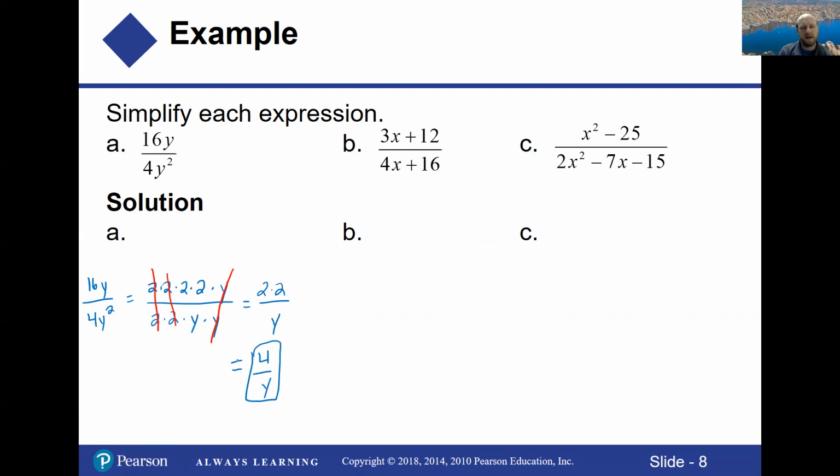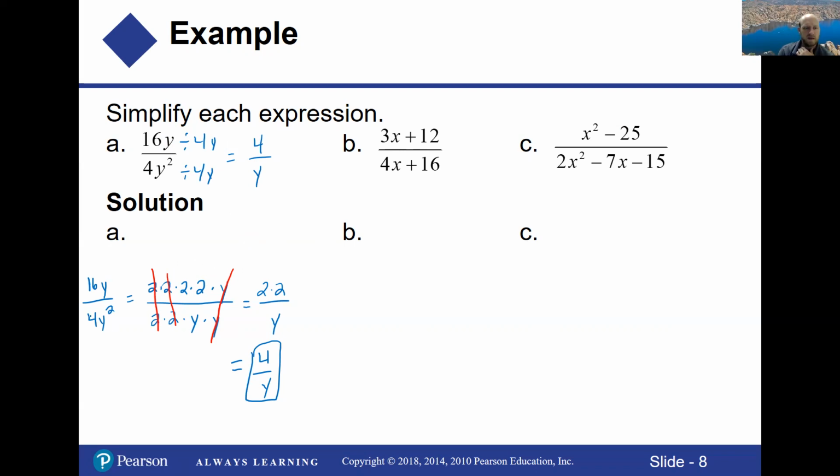And that's simplified. Again, you could find the GCF. You could recognize that it's 4y, since those both have a 4 and a y, and you could divide it. That's the other method, and you would still get the same answer. I just think this is a little bit easier when we're writing it out, but we will maybe get to the point where it doesn't make sense to write all of it out like this.